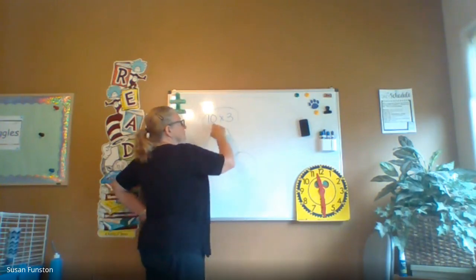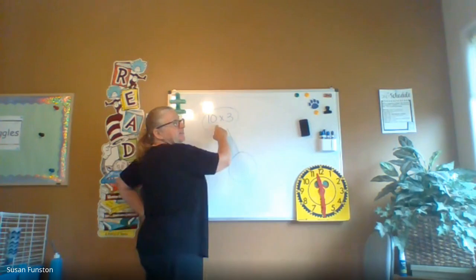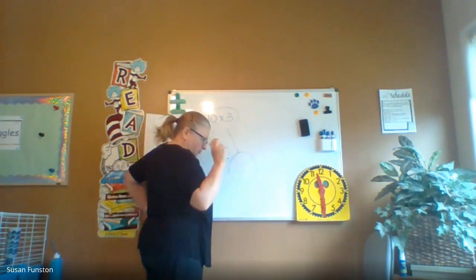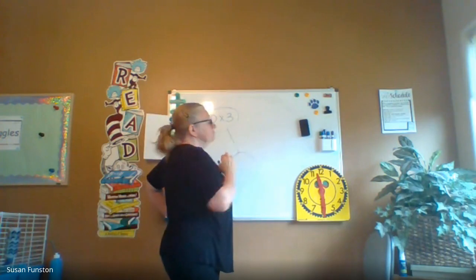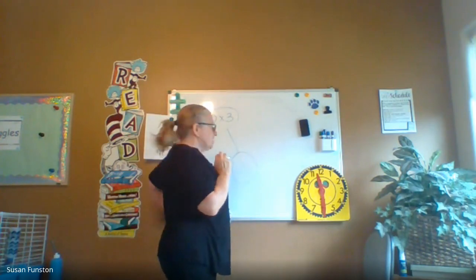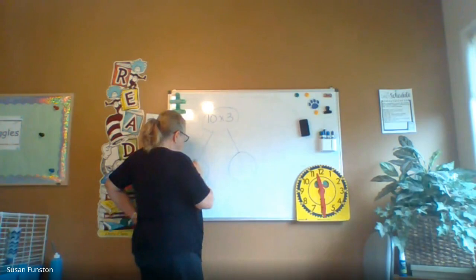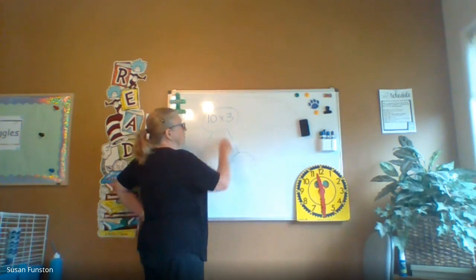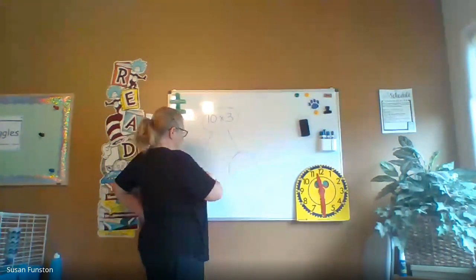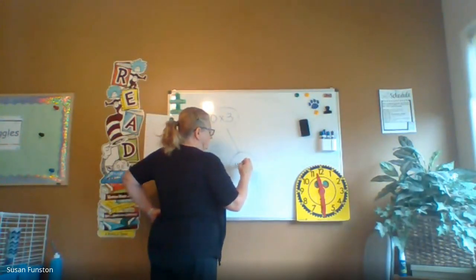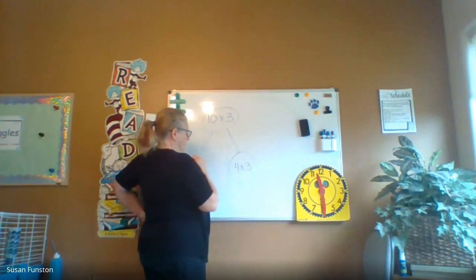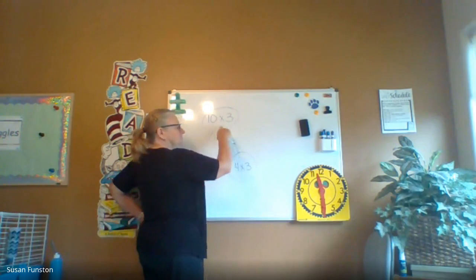Even though my 10s are pretty easy, I'm going to divide this one up into 2 parts. 5s would be easy, but let's make it a little more challenging. Let's put 6 over here. But now what do I need over here to make this 10? 6, 7, 8, 9, 10 is 4 times 3. Okay, 18 plus 12 is 30.